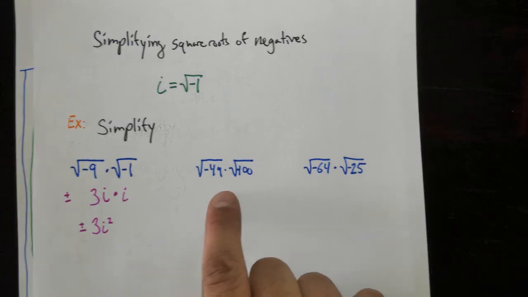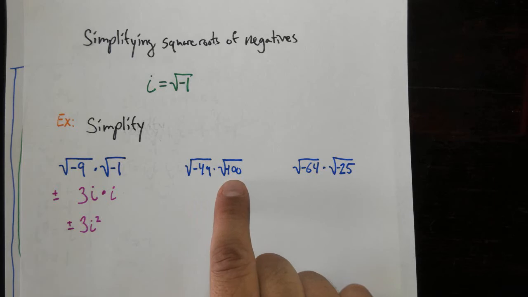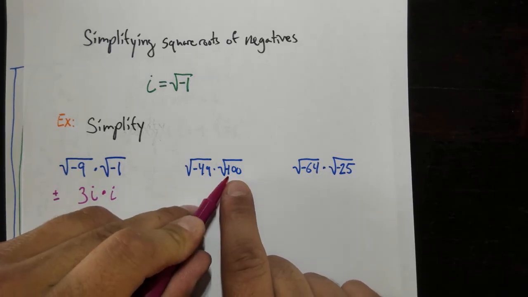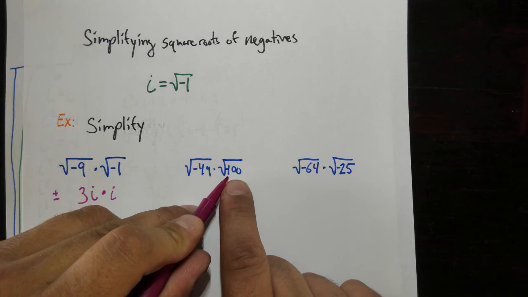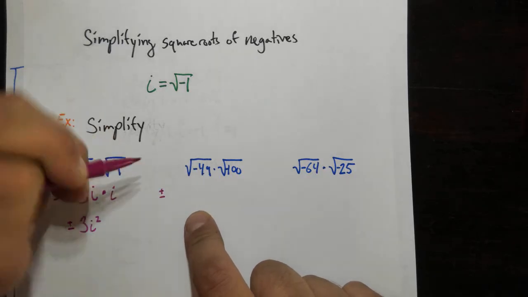Let's talk about something a little more challenging. What about the square root of -49 times the square root of -100? I know it might not look like a -100. I kind of forgot the negative, so I put it there afterwards. But that's the square root of -100. So let's talk about the square root of -49. Again, we just have plus or minus out front somewhere.